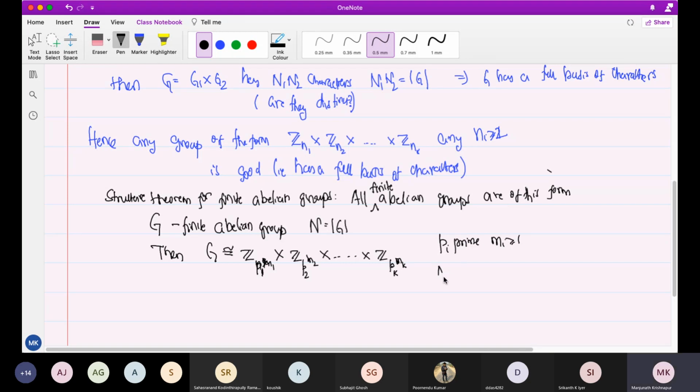So obviously N, the size of G, will be the product of these. The reason I didn't want to write it as a prime factorization is that the pi are not necessarily distinct: p1 may be equal to p2.